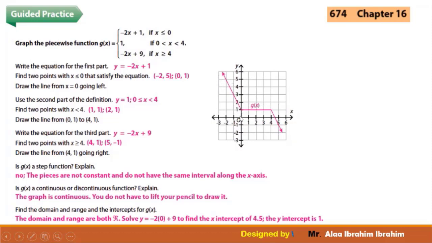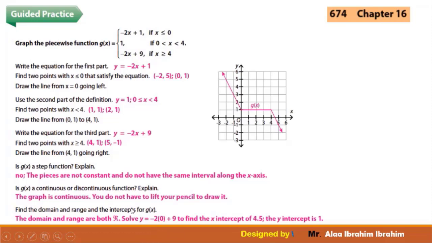There's no open circle here: I have open circle, closed, then open, so it will still be closed, and here open, then closed will be closed. So there's no open circle here, which means continuous. For this reason, it is continuous. Find the domain and range. The domain: everything here is real numbers, and also your range is real numbers.